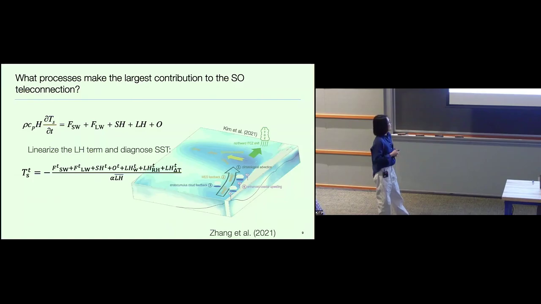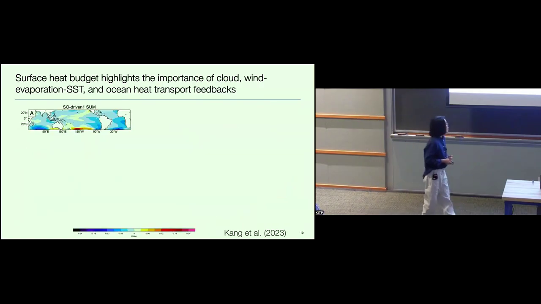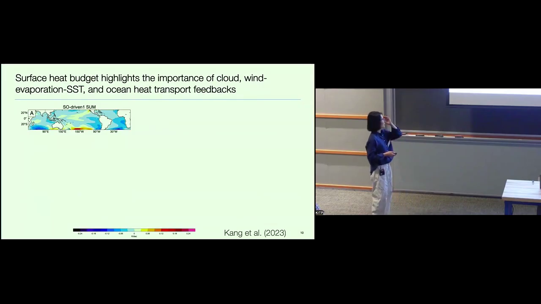So that allows us to do this decomposition, and we can really look at the influence of processes such as low cloud feedback or the wind-evaporation SST feedbacks on SSTs. This is, again, the Southern Ocean driven response from the first pacemaker experiment from CSM1.